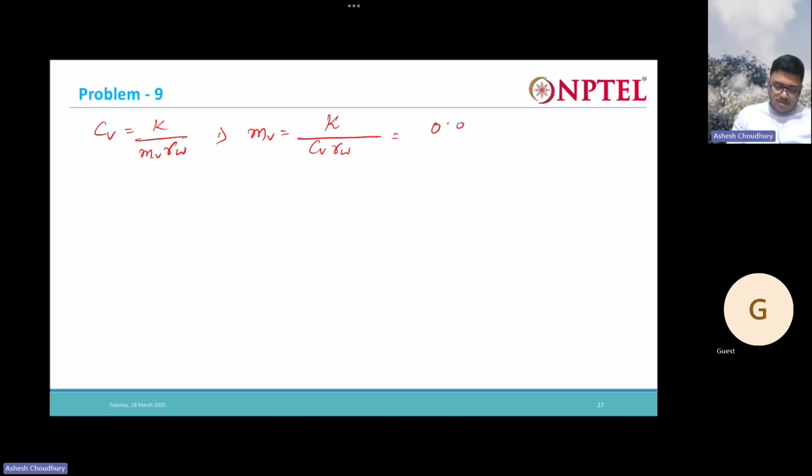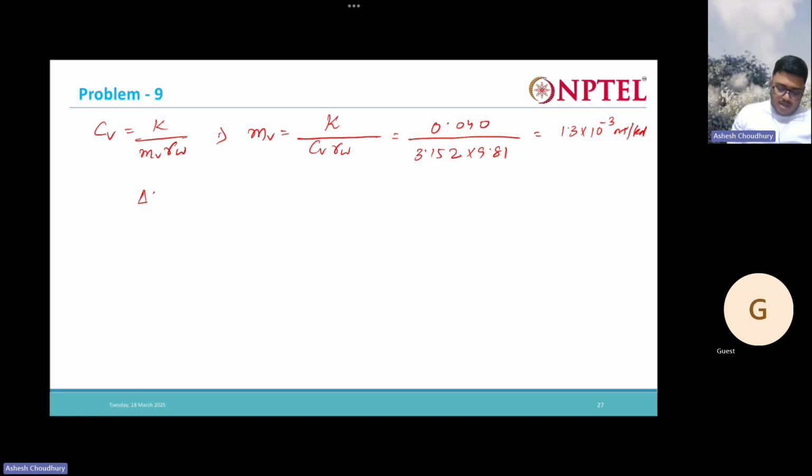K is given 0.040, CV also I have 3.152, into 9.81. So from here I can get MV as 1.3 into 10 to the power minus 3 meter square per kilonewton.